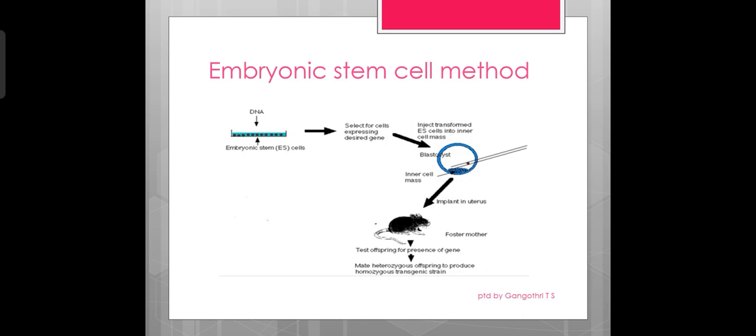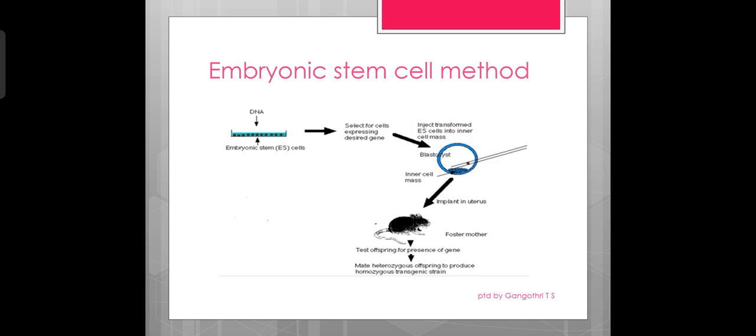The transgene is incorporated into the embryonic stem cells by microinjection, or by a retrovirus method, or by electroporation. All these transfection methods we have studied in the earlier session. So by either of these methods, the transgene is incorporated into the embryonic stem cell.